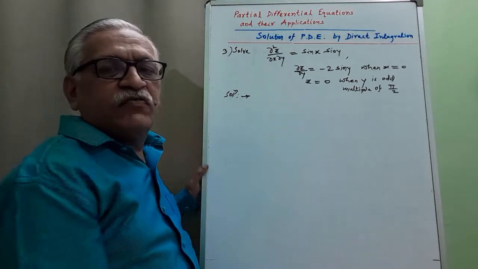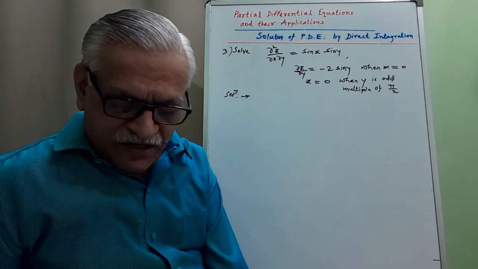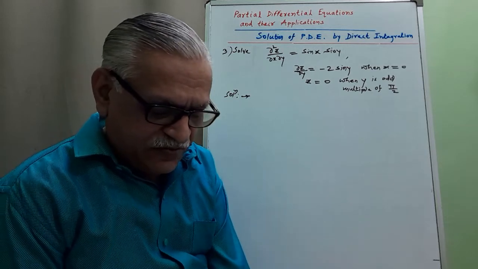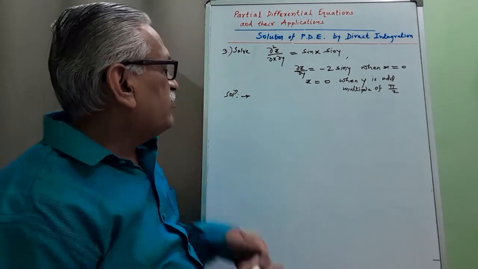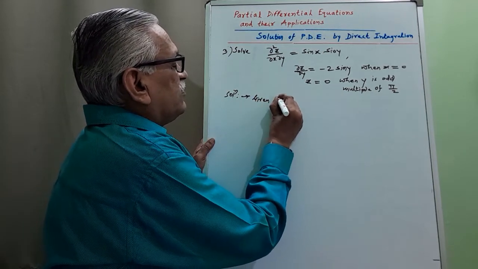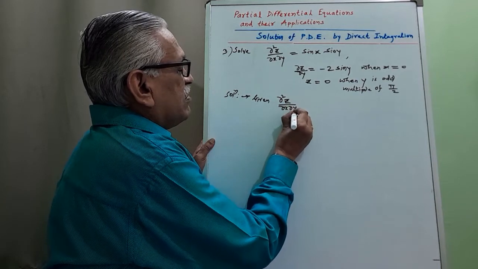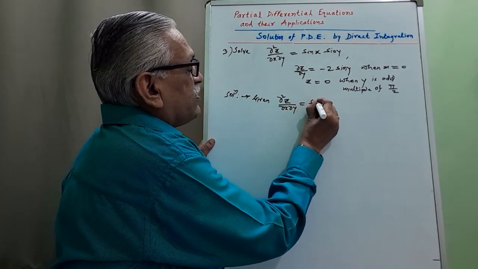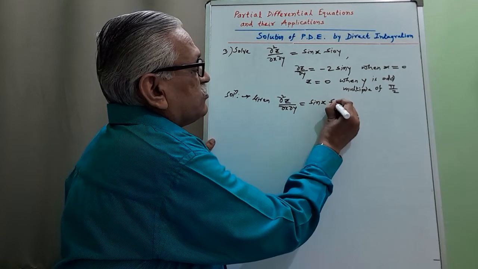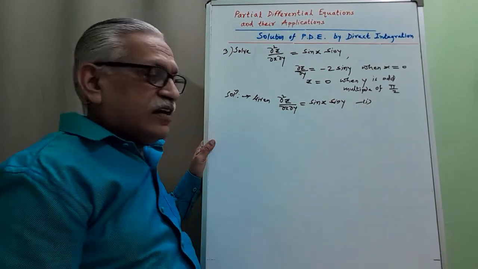Here z is the dependent variable and x and y are two independent variables, and therefore to obtain the solution we write down the given equation ∂²z/∂x∂y = sin x sin y as equation 1.